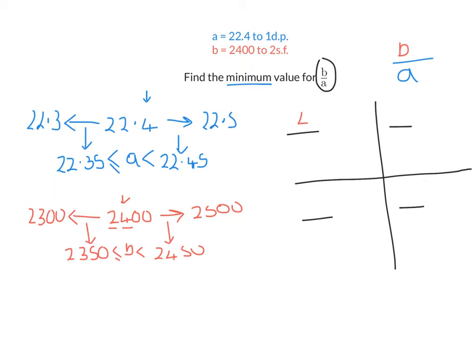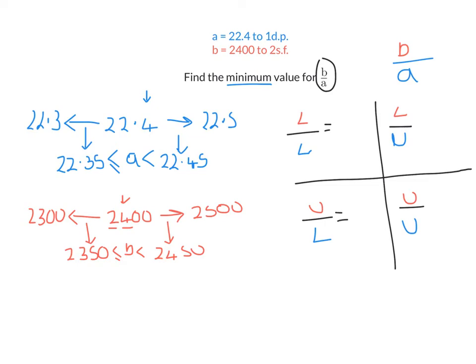Okay. So I'm going to do the lower divided by the lower. So the lower for B divided by the lower for A. I'm also going to do the lower for B divided by the upper for A. I'm also going to try the upper for B divided by the lower for A, and the upper for B divided by the upper for A. So I'm going to try all these different possibilities.